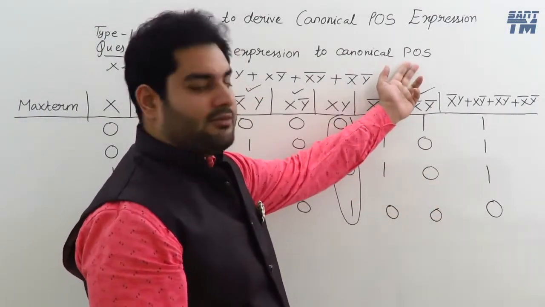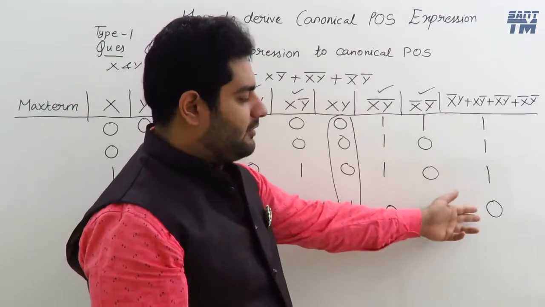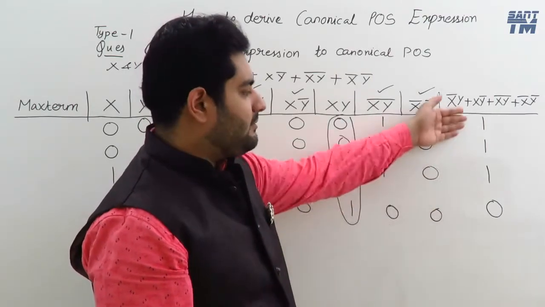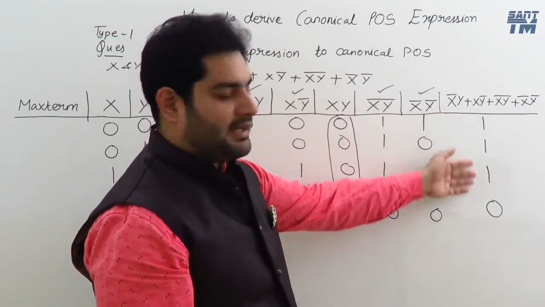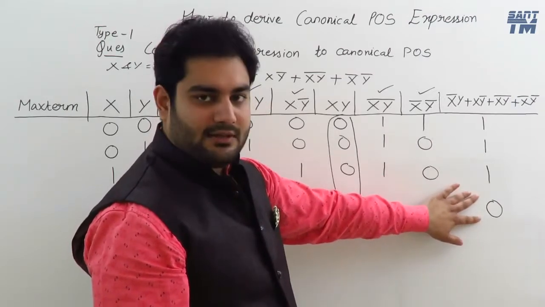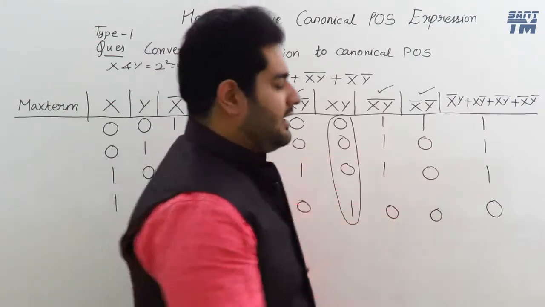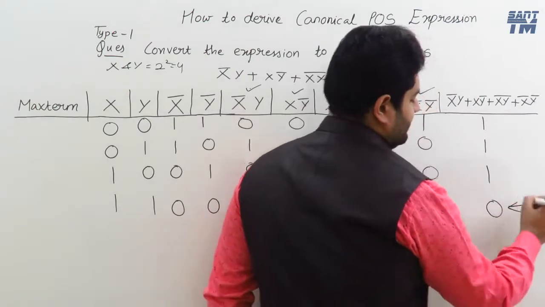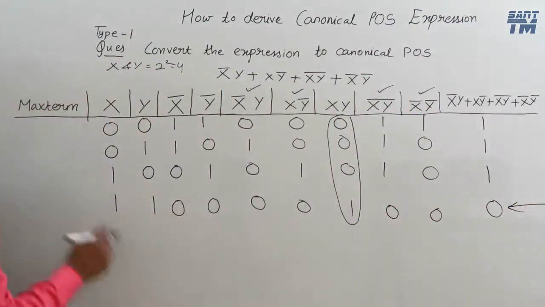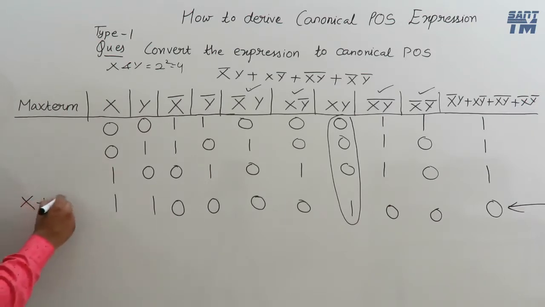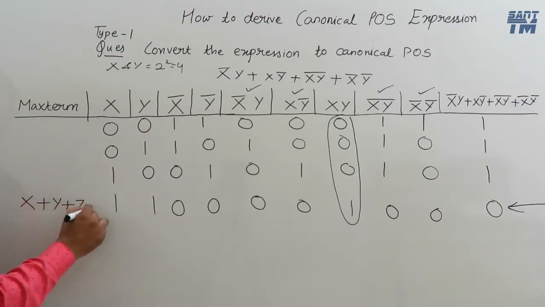In POS we have to select the rows which have an output of 0. In case of SOP we selected the output rows as 1. Now the row with output as 0 will be selected in case of POS. As there is only one row, we will select only this one term. In the column of Maxterm we will write X plus Y plus Z and we will put a bar wherever the input is 1.